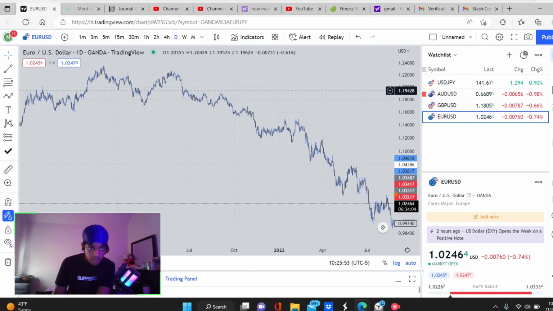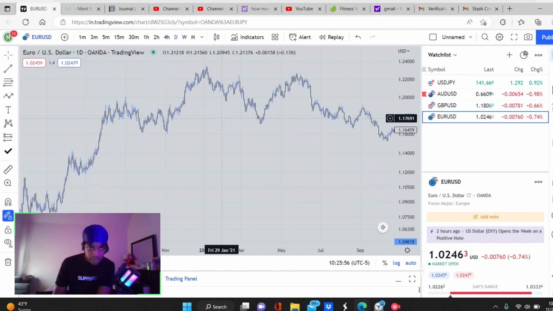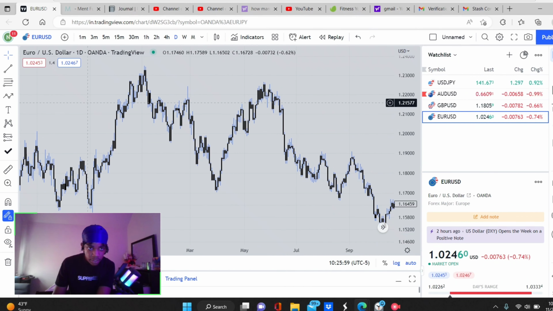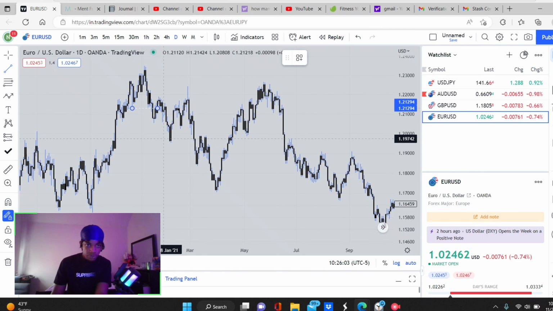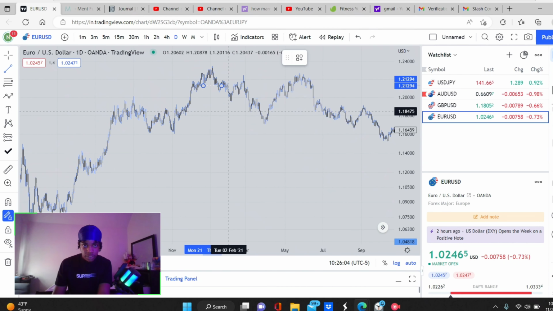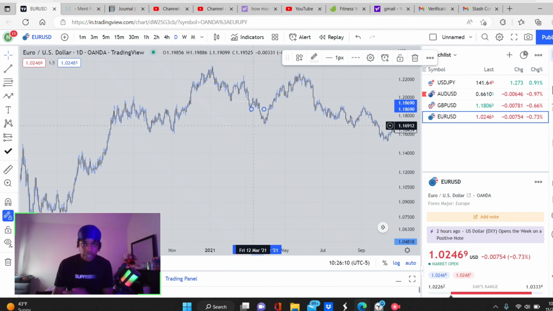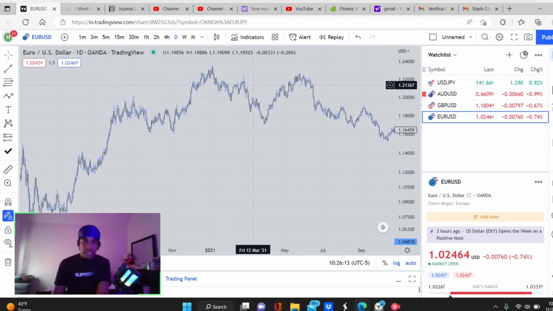Let's actually follow this. So price has been bearish since the low right here. So we have the low, taking out the low, constantly taking out the low, constantly taking out the low, and then it breaks back bearish. I mean bullish. It breaks back bullish up here.